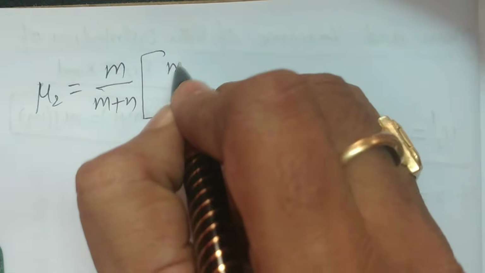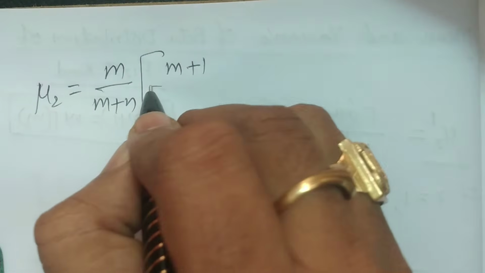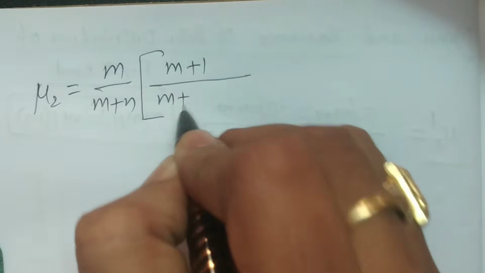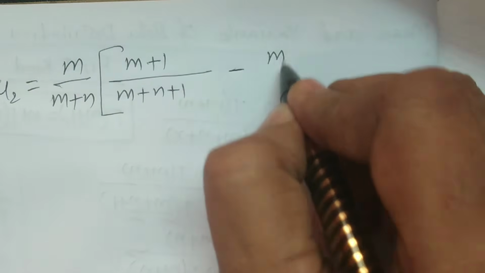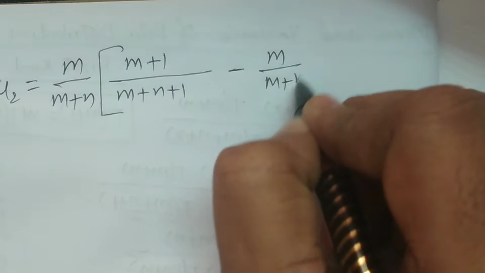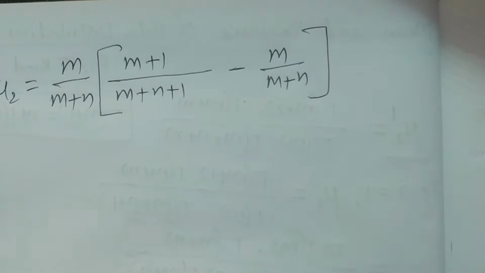So now the variance mu2, if I take common m by m plus n, is multiplied by m plus 1 divided by m plus n plus 1 minus, in the next factor, m by m plus n.